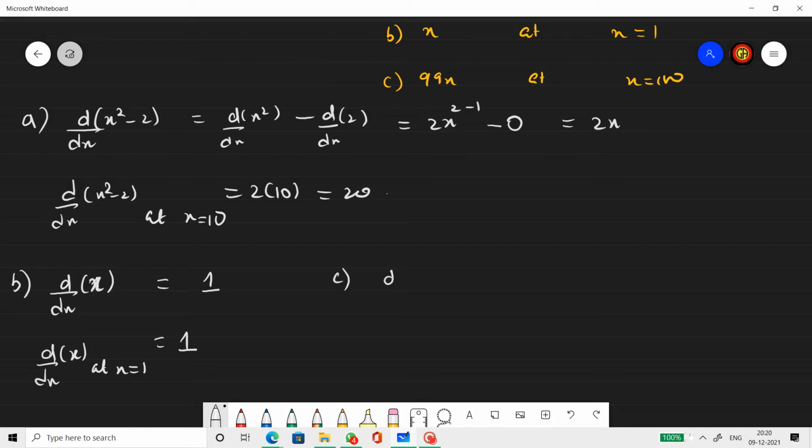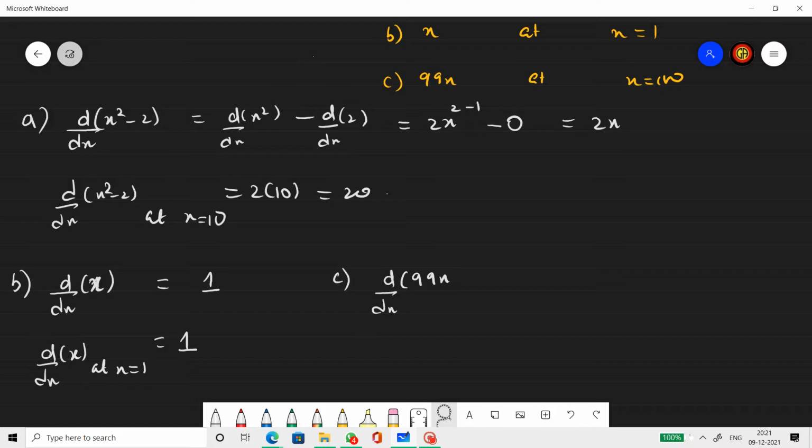Third. Find the derivative of 99x. 99 is a constant, x is a variable. So take 99 out of differentiation and differentiate only x, because x changes, which means y changes, and y's change will be with respect to x only, not with 99.